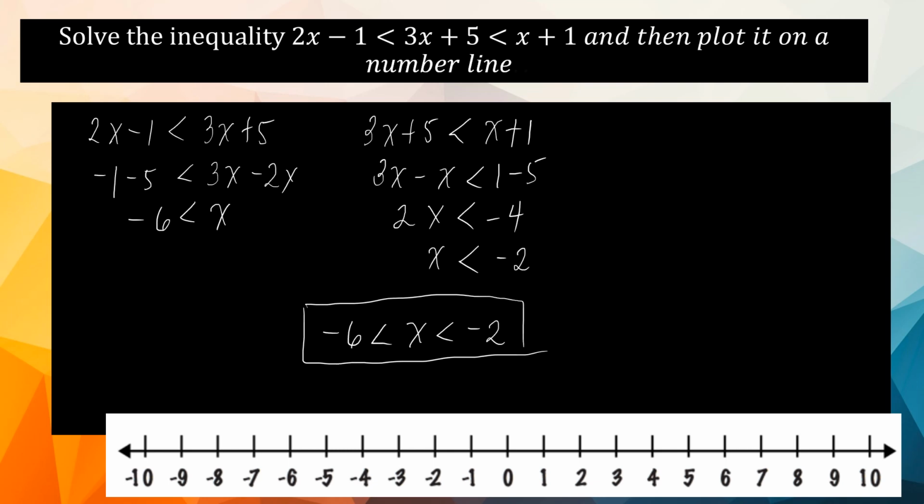So we have negative 6, and then negative 2. Then let's connect them. Okay, we're done.